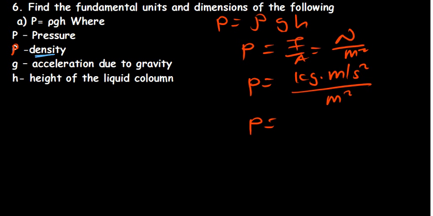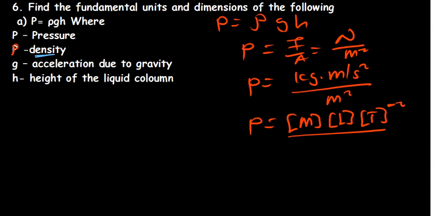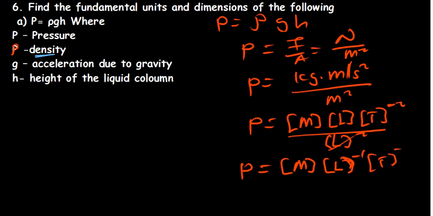So the dimensions is going to be this kg is just m, this one is length, then that other one is going to be time, now to the power 2. I divide it by, to the power negative 2 because this is per, then length to the power 2. I can cancel one length, so I'll have this. Okay, now meaning that I have got 1, I'll remain with 1. Now that one I'm going to put it as a negative, meaning it's now on top. Then this, initially this is what we had. These are the dimensions of pressure.